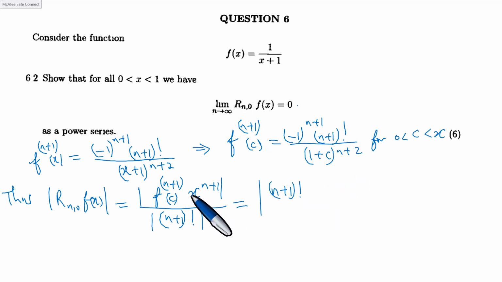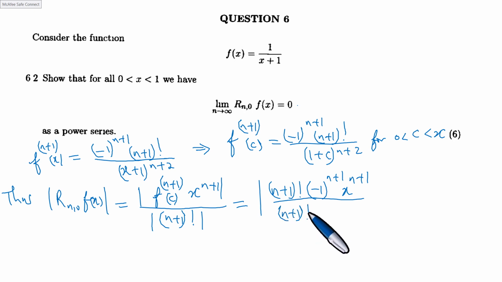We are taking this one, the f, exactly that. But now it is multiplied. You can have this one here, but the -1 is just going to dissolve to 1 because of the modulus. And now you also have the x to the power n plus first term divided by n plus first factorial.